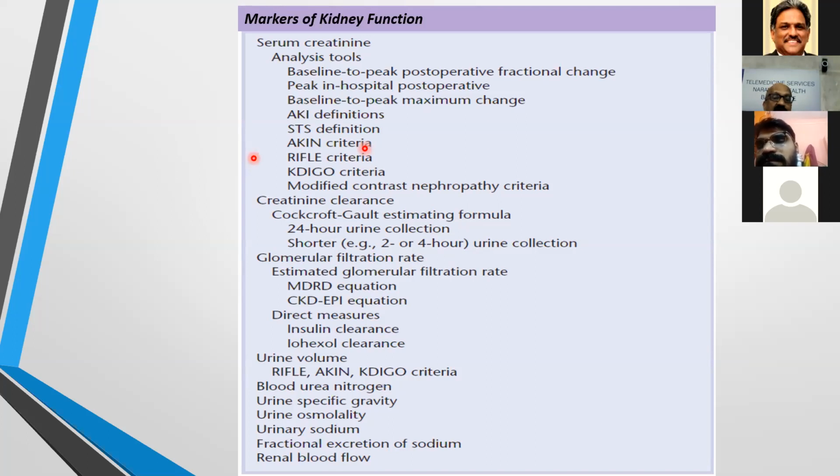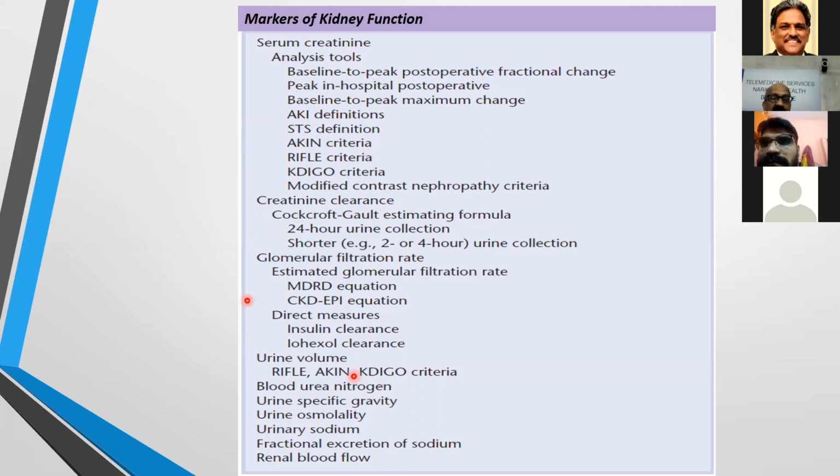And we have the creatinine clearance, which can be derived from the Cockcroft-Gault estimating formula. And we have the glomerular filtration rate, which can be derived from the modified diet formula. And we have the urine volume, which is taken into consideration in all the three criteria used in acute renal failure: AKIN criteria, RIFLE criteria, KDOQI criteria.